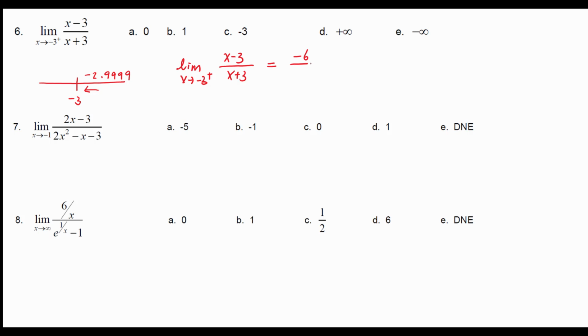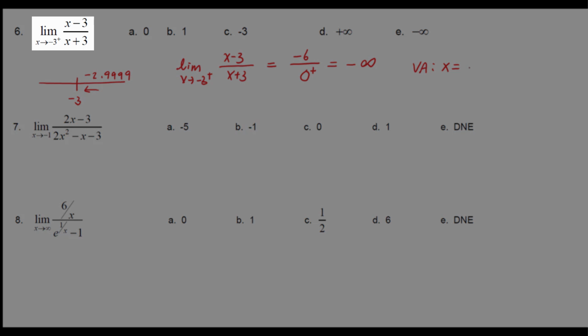So I will get negative 6 over. And if you plug negative 2.9999 plus 3, I get a number close to 0. That is a positive number. And because you have a negative fixed constant on the top, you get 0.000000001 or something like that. You know, the number is going to negative infinity. So you actually do have a VA there.